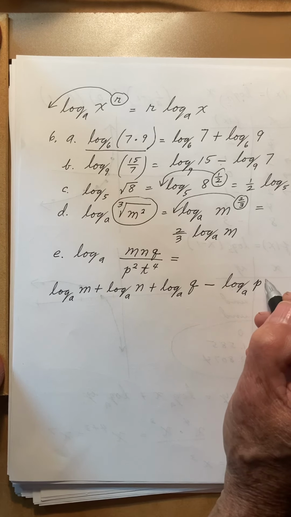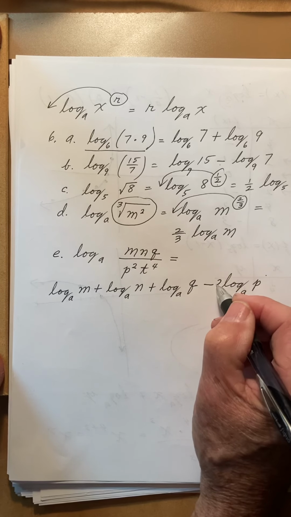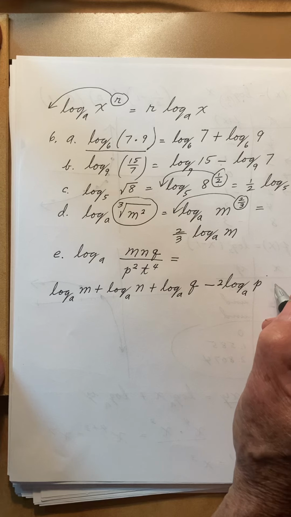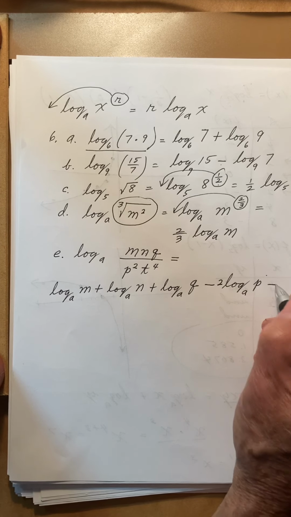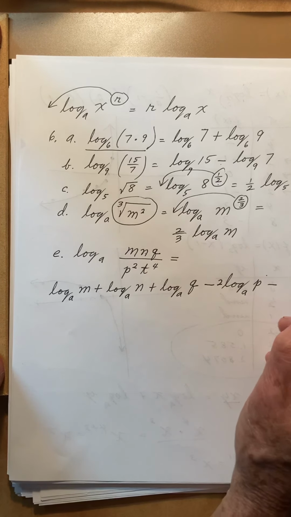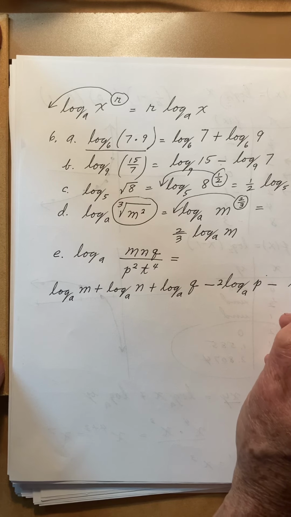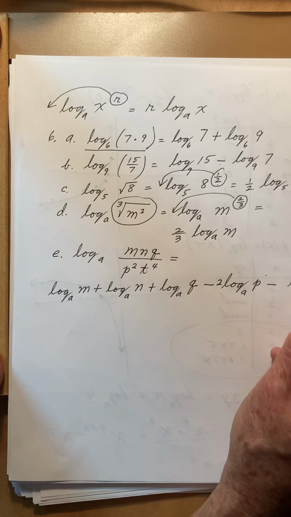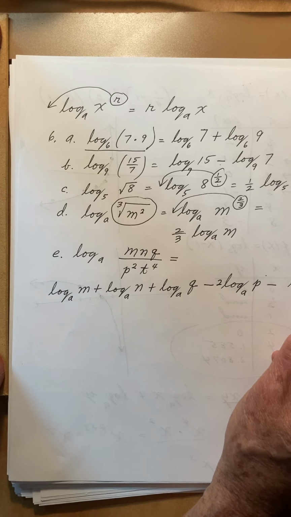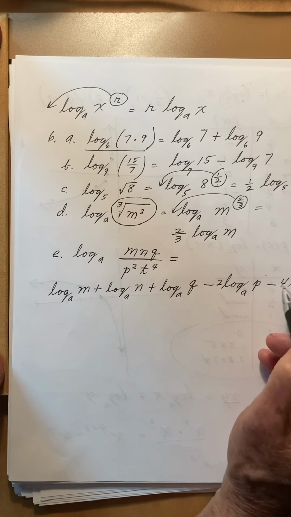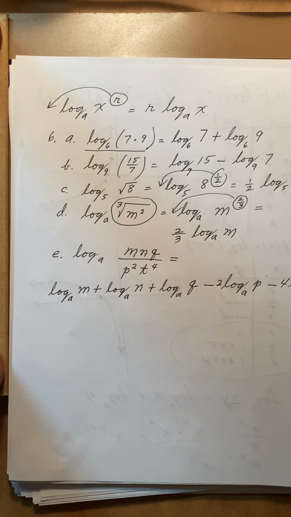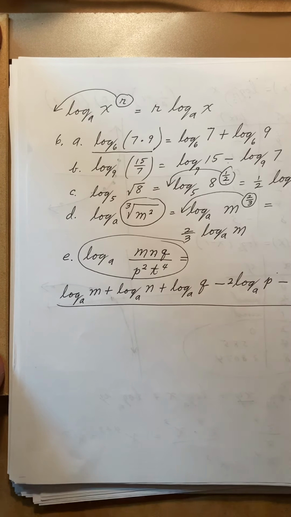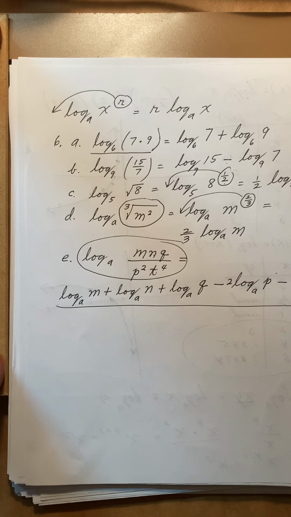But instead of writing p squared, I'll put the 2 out front here using the power property, minus log base a of t, and it would be to the 4th power, but I'll put the 4 out in front using the power property. So this single logarithm is written this way in expanded form.